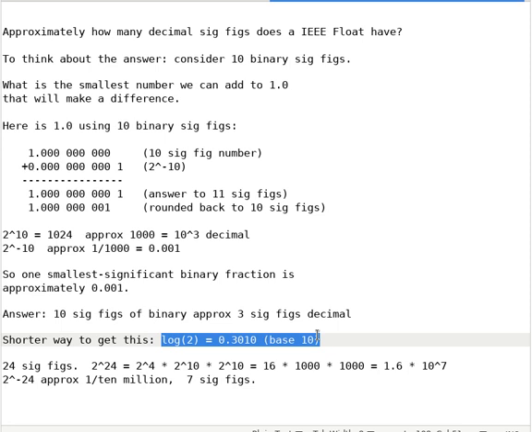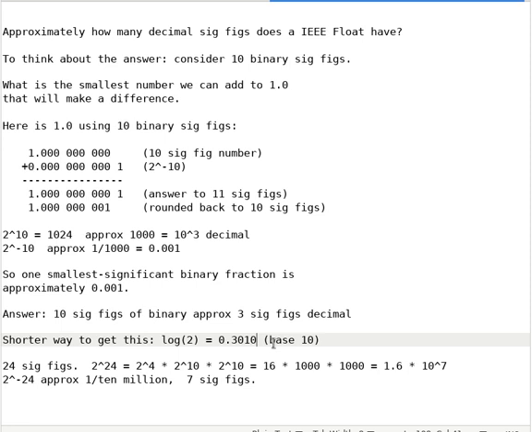So that gives it to you pretty directly that 10-bit numbers are equivalent to, it's not exactly 3010, it's a little bit more than 3010, but about 3.01 significant figures in base 10.